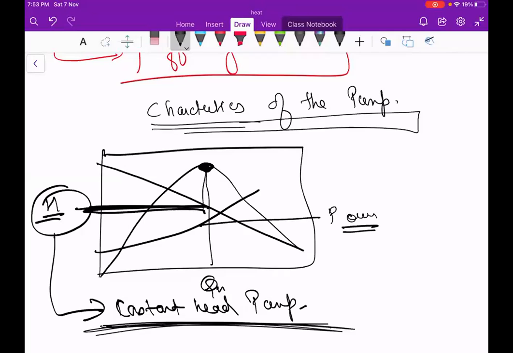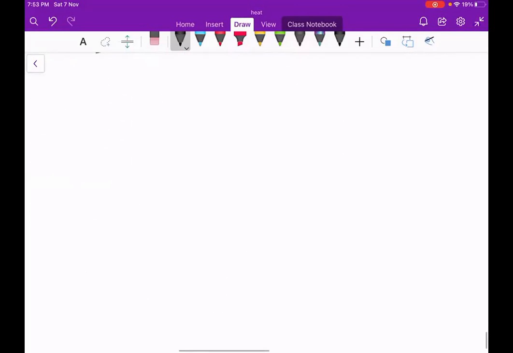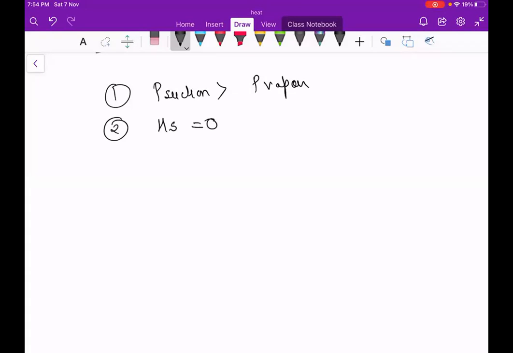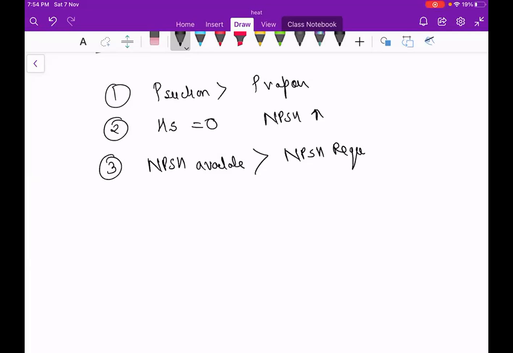So what we have seen, the most important points in centrifugal pumps are: first, your suction pressure should be greater than vapor pressure. Second, HS should be 0, which means NPSH will be maximum. Third, NPSH available should always be greater than NPSH required. Fourth, we have seen what is a jet pump.